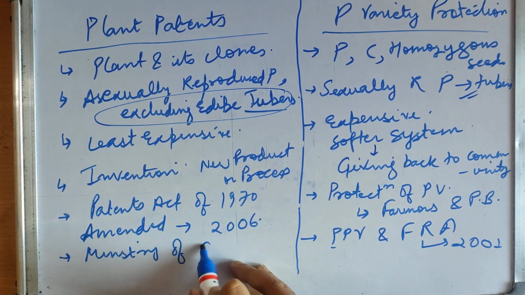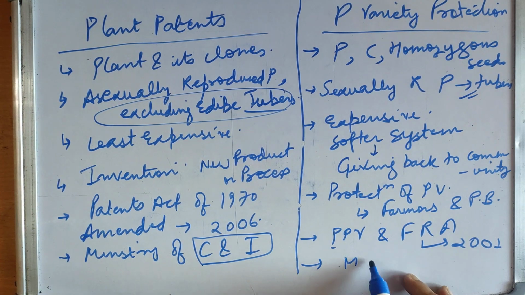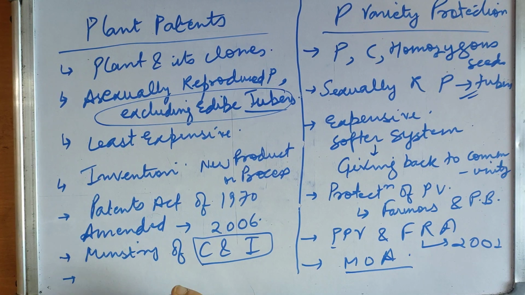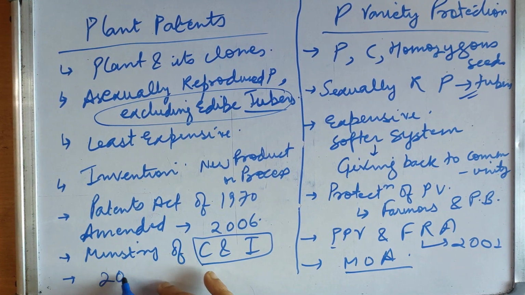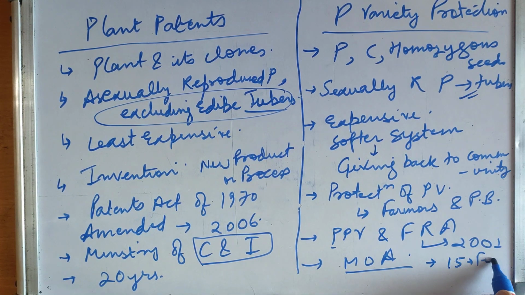Plant variety protection is under the Ministry of Agriculture. A patent is for a period of 20 years, while plant variety protection is for 15 years for field crops and 18 years for trees and vines.